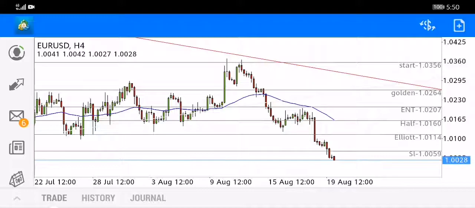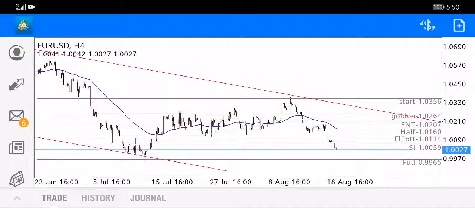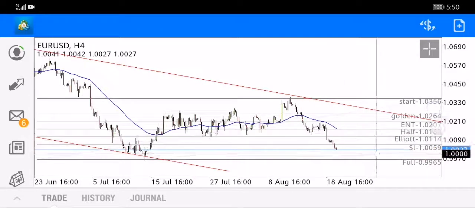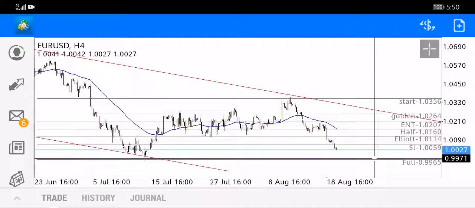Today the market has a chance to make a pullback, but overall a pullback of only 30-40 pips in the upside direction may be possible, but overall it will go in the further selling direction toward the next support level of 0.9965.